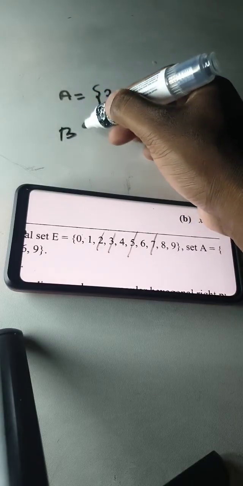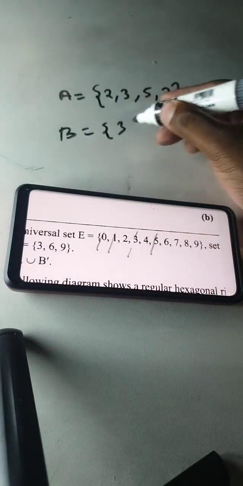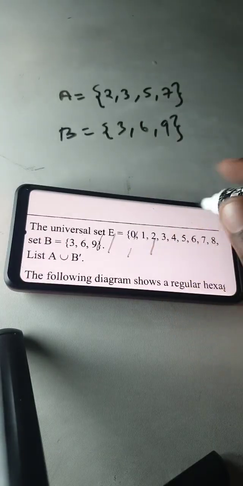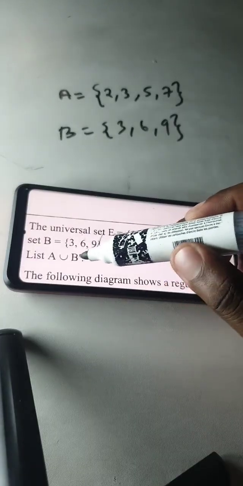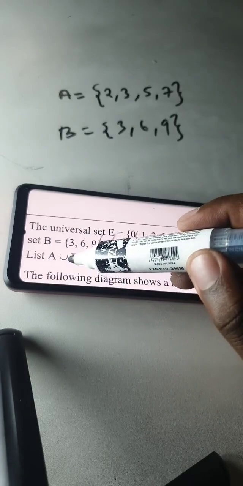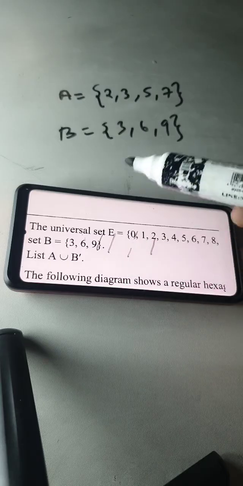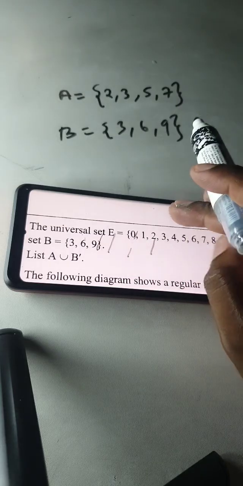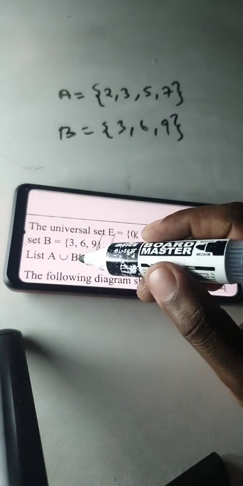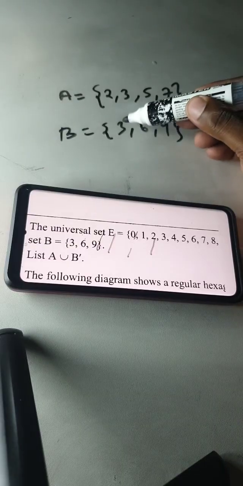Then B, it's 3, 6, 9. So now they are saying we should list elements that are in A union B complement. What does that mean? It means B has to go.